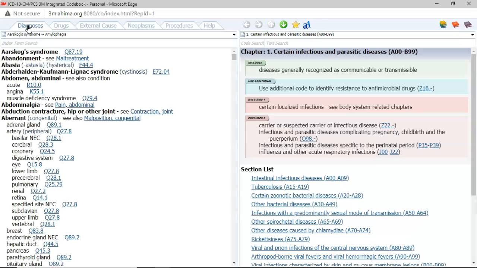Now, the next guideline we're talking about is retained products of conception following an abortion.